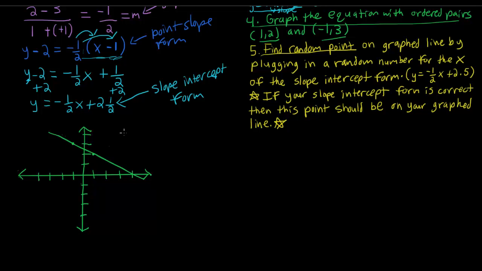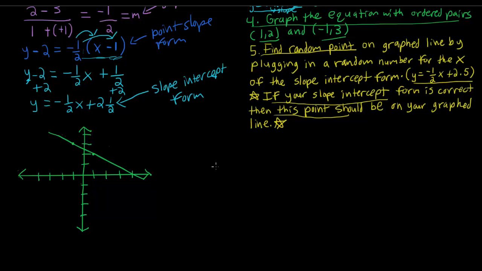And to find this random point, we need to plug in a random number for the x of the slope-intercept form, which we saw was y equals negative 1/2 x plus 2.5. Our main objective is that whatever point we find needs to actually be located on this line.